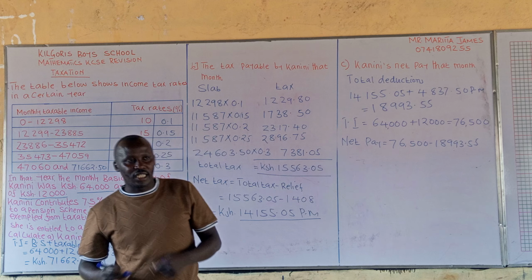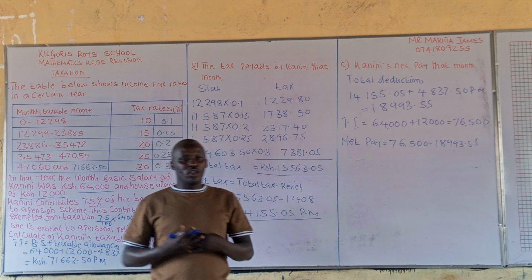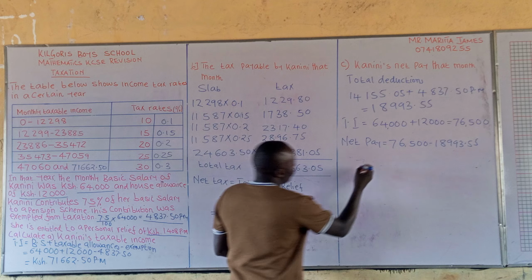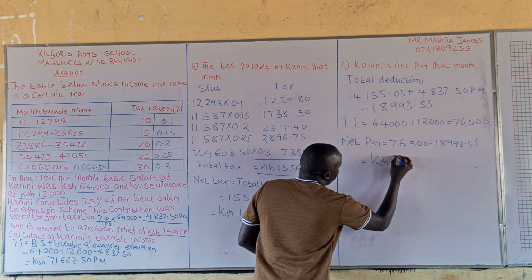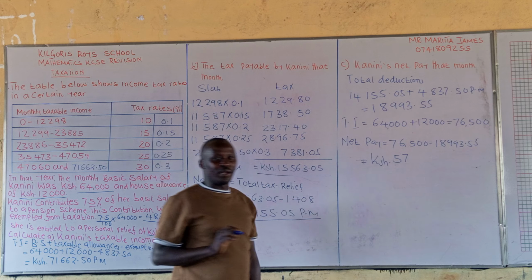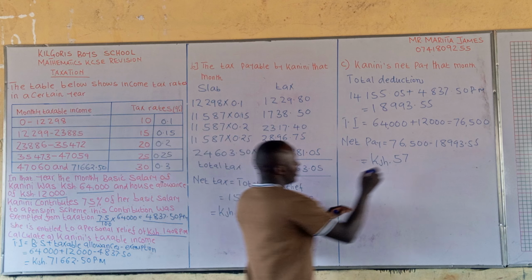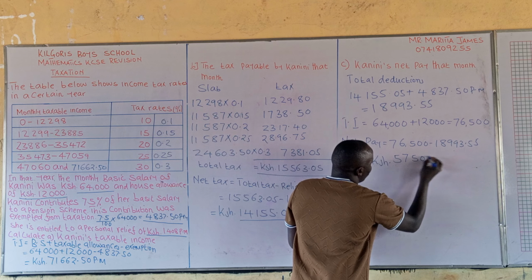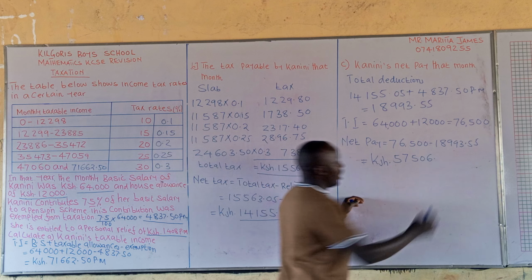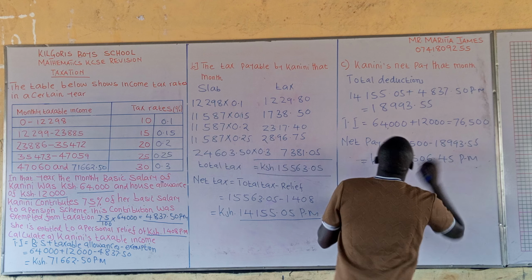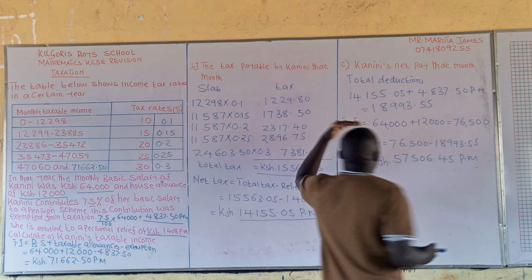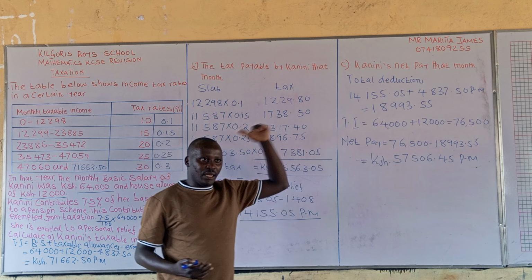If you subtract that now, you will get a net pay of Kenya shillings 57,506 and 45 cents per month. That is Kanini's net pay that month.